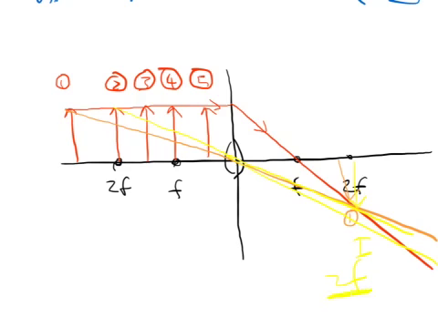They're all inverted, they're all real images you can project on a screen, but our second image here is the same size. Magnification is 1, so it's gone up. It was less than 1. Now it's gone up to 1.